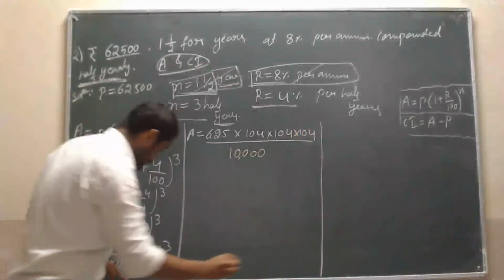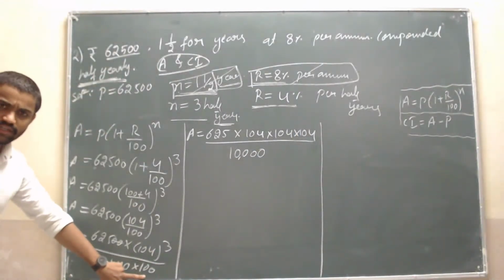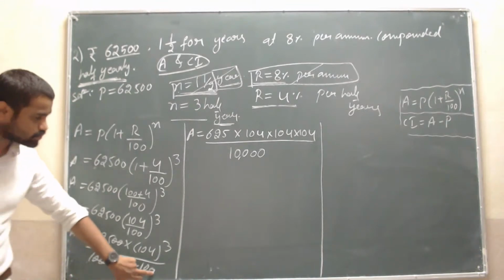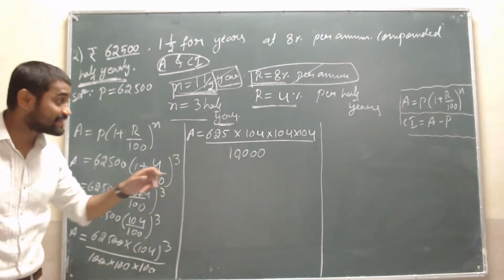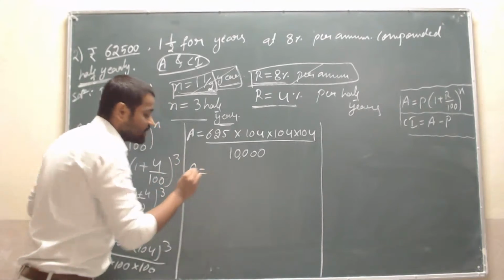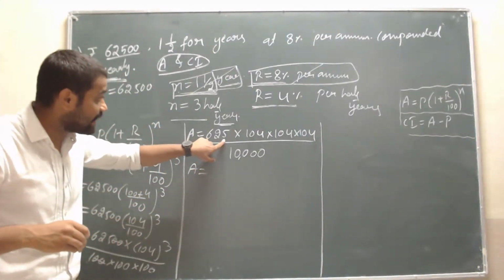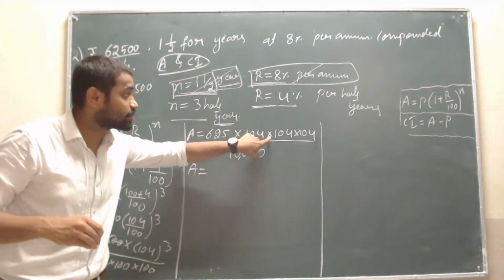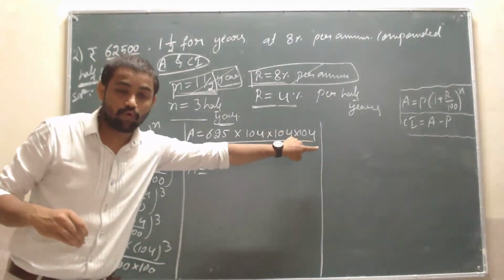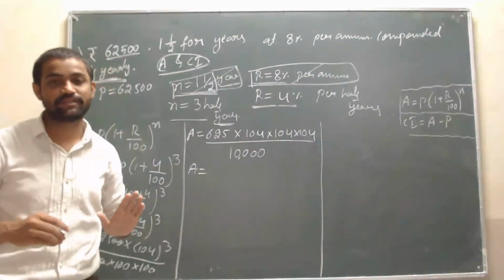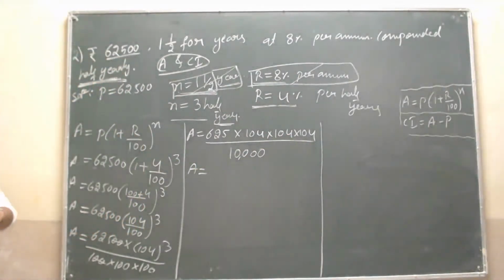Isn't it, students? 100 into 100 is 10,000, two zeros, two zeros. Then tell me the total amount, students. Use your calculators. Multiply 625 into 104 into 104 into 104 and divide the whole by 10,000. What answer will we get? Yes, fast, quickly.